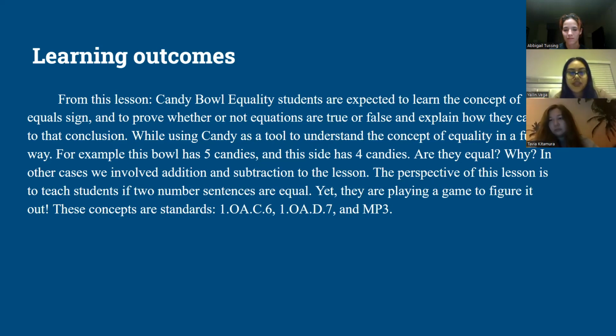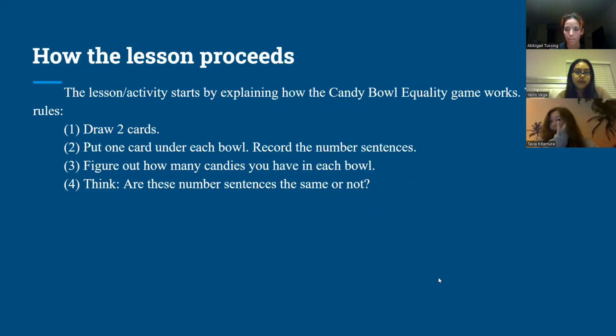The perspective of this lesson is to teach students whether 2 number sentences are equal or not equal, while playing a game to figure it out, and these centers are listed below in our PowerPoint. The lesson proceeds by drawing out 2 cards with equations on them.